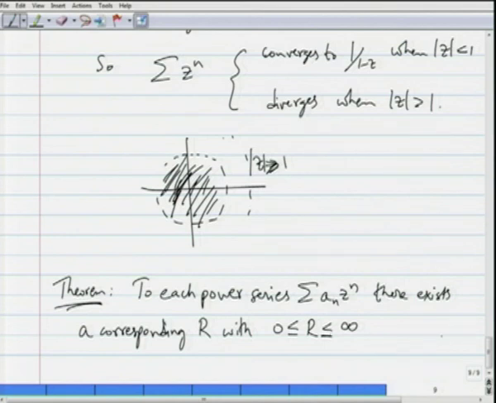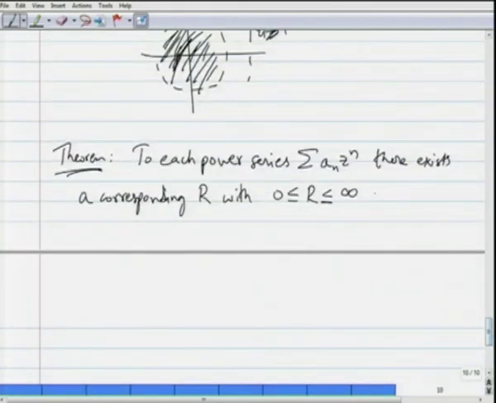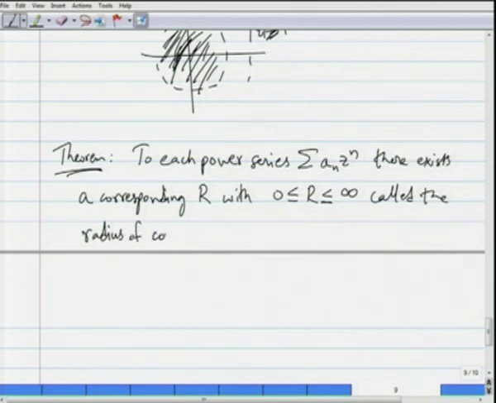We will allow infinity to be one value of R. What that means is that R is unbounded. R is called the radius of convergence, with the following properties.